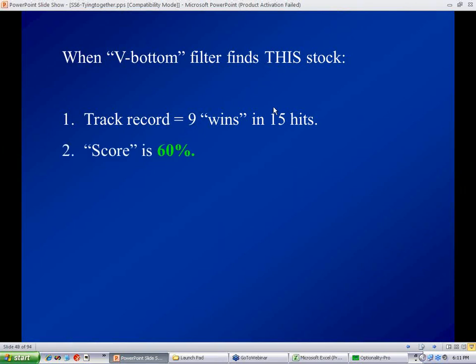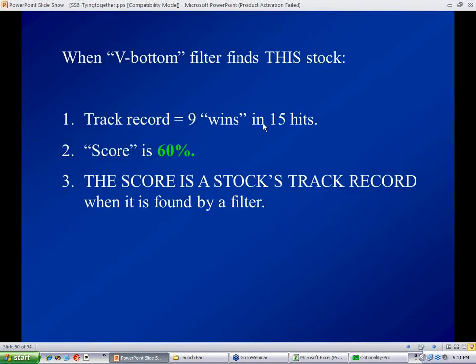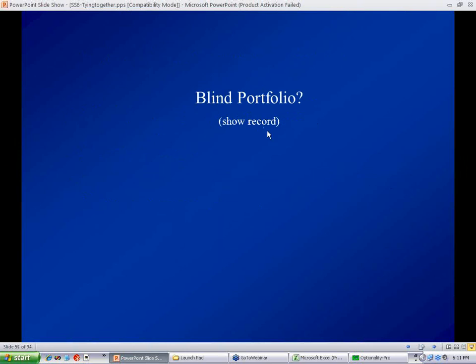Now, I don't know about you, but I'd rather trade the one that has 92% versus the 60. You see where I'm going with this? This is how the scores are derived, and this can really, really, really give you an edge. Remember, the score is the stock's track record when it is found by a filter. It can't get any better than this.